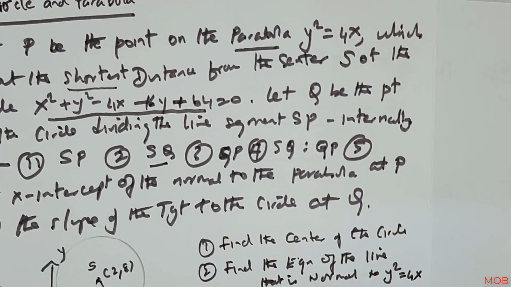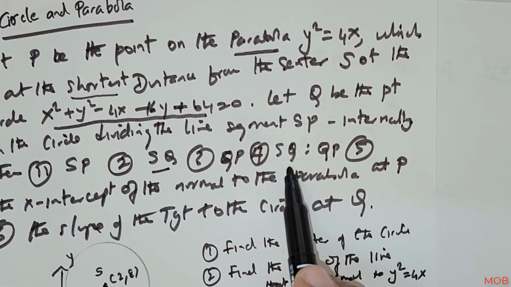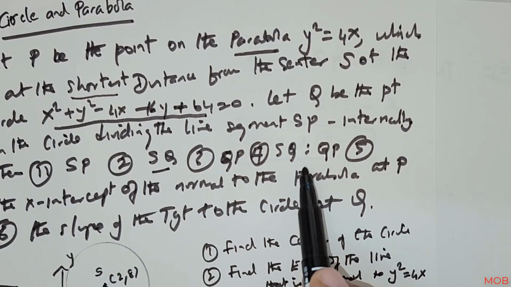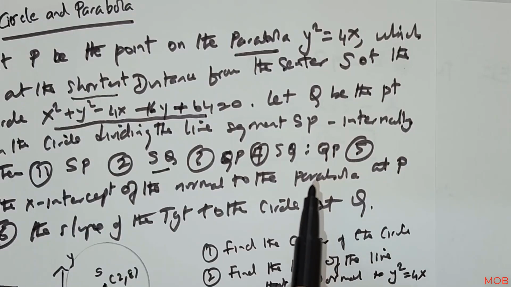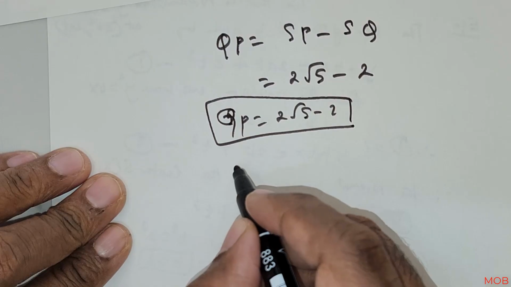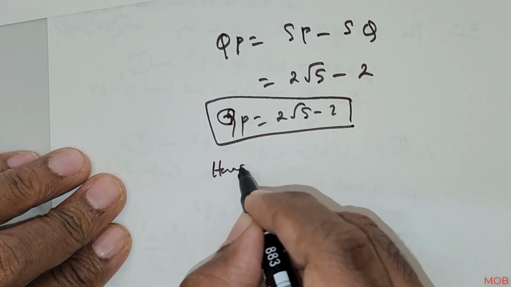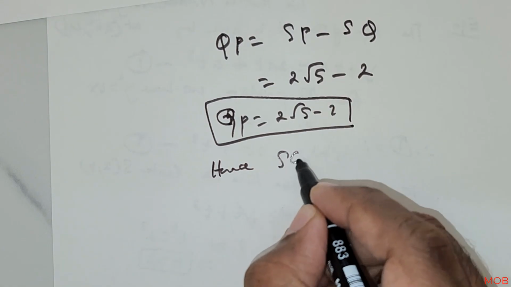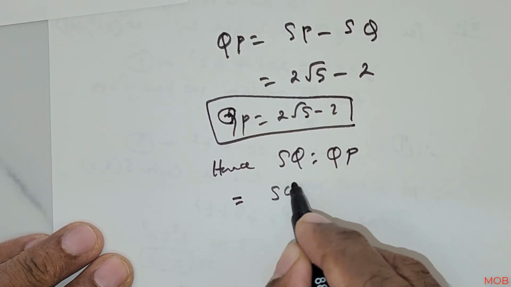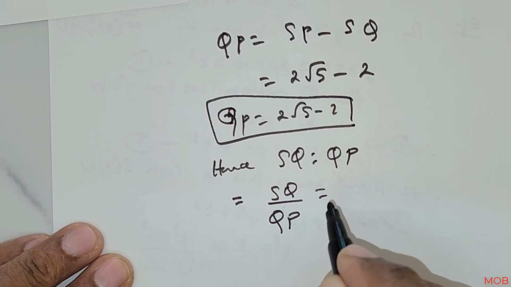So now comes the next part. What is the next part? SQ is to QP. Okay, so we need to get this. That means we are talking about the ratio, so let me find the ratio. Hence SQ is to QP is nothing but SQ over QP.